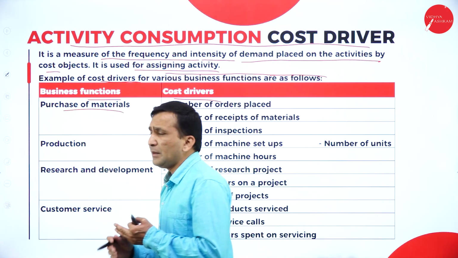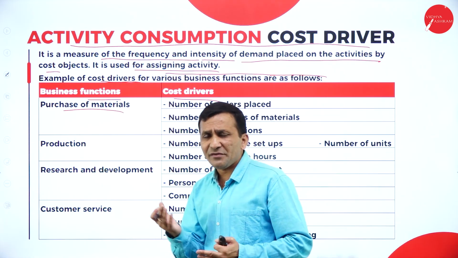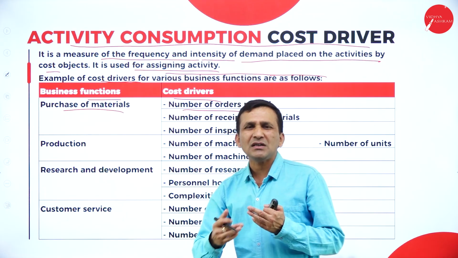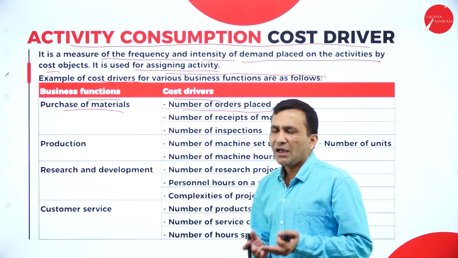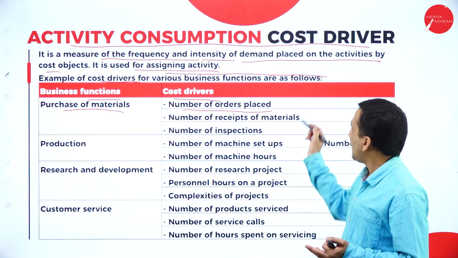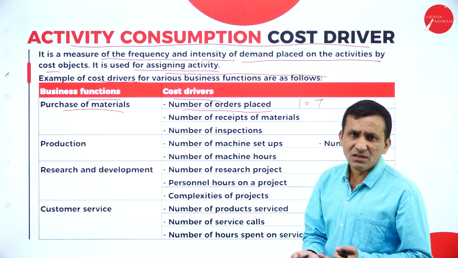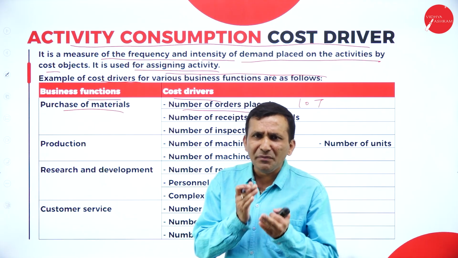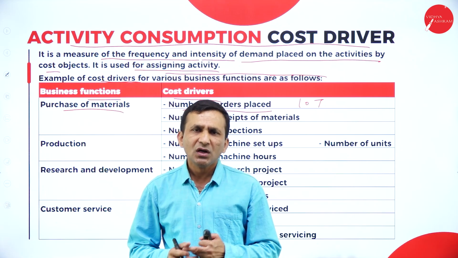Purchase of material is taken care of majorly by the purchase department, and the cost driver there is the number of orders placed, how many times, the frequency. Suppose in a year or monthly they place 10 times, that is the number of orders placed. Of course, when you place an order, we do not get a result immediately, so further activity continues.